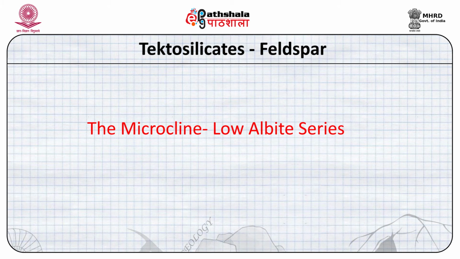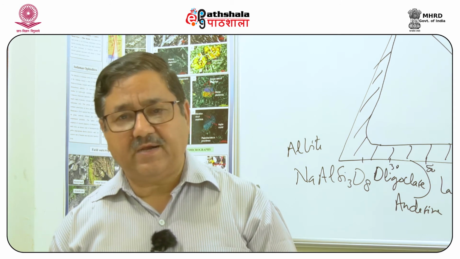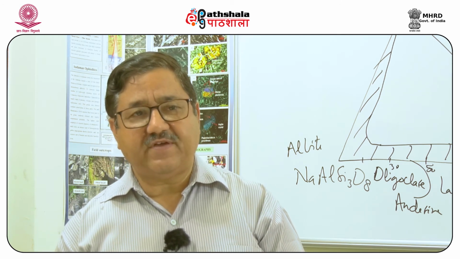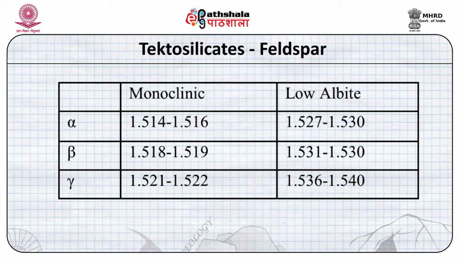Both are triclinic crystals in this case. In case of microcline low albite, the crystallographic parameters vary in this fashion, that is the alpha varies between 1.5416 to 1.516, and for low albite the values are similar to what we see in the orthoclase albite series.